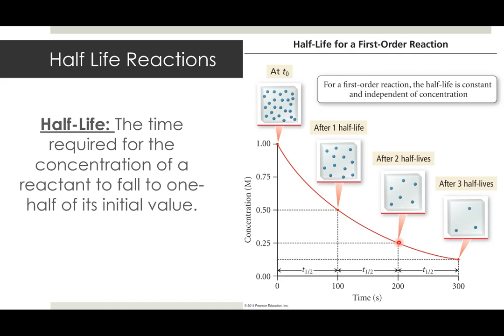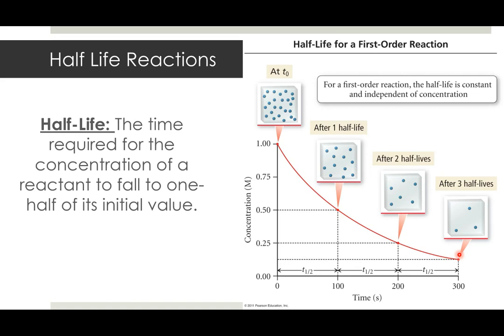So another half-life goes by, another 100 seconds goes by, and now that 0.25 is going to get cut in half. And so now after another 100 seconds, we would have 0.125 molar. So after each half-life takes place, whatever was there at the beginning, half of it is gone or half of it is left. Then we cut it in half again, and we cut it in half again, so on and so forth. Okay.